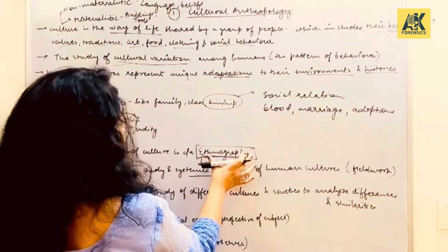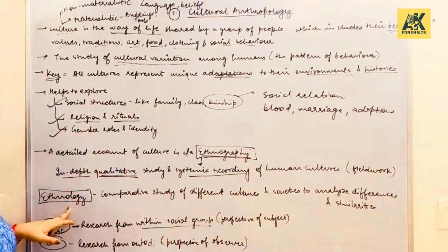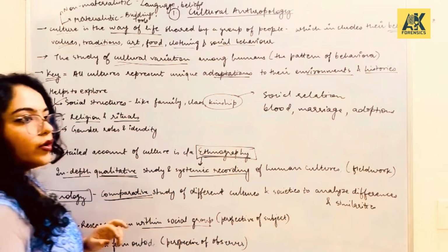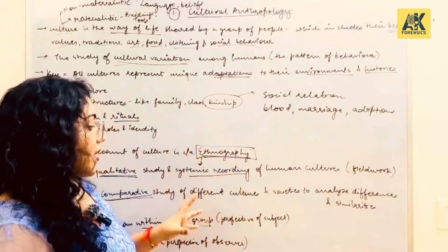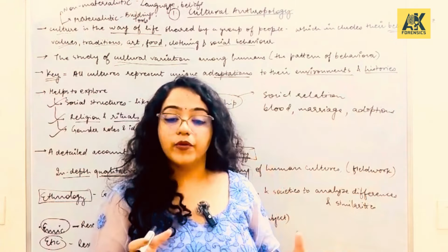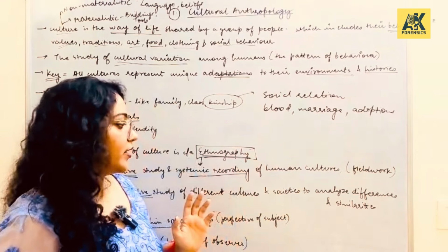Also, this word ethnography is different from the word ethnology. The word ethnology is actually a comparative study. It will compare two cultures and help us analyze what the differences between the two cultures are and what the similarities are, right?